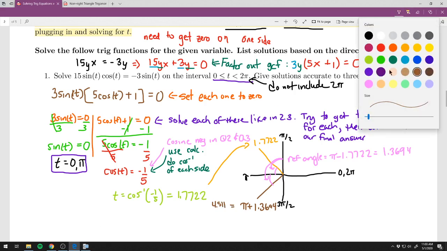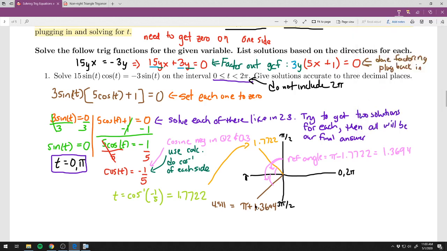Right, but that gives us our two answers between 0 and 2 pi. Quadrants 1 and 4 are where cosine's positive, so there are not going to be any answers there. It's only negative in quadrants 2 and 3. So for this part of the equation, we get t equals 1.7722 and 4.511.